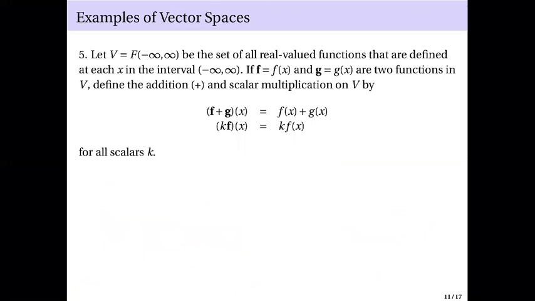Let's start with this. Let V be the set of all real valued functions that are defined at each x in the interval negative infinity to plus infinity. We will use the symbol capital F, parenthesis, negative infinity, comma, plus infinity, close parenthesis. So now we are considering functions.